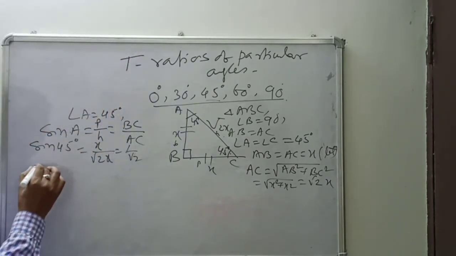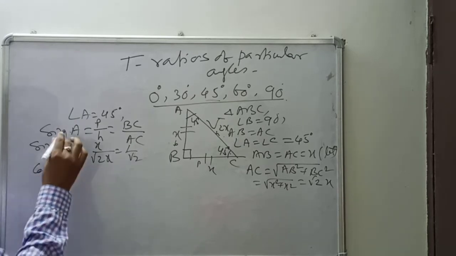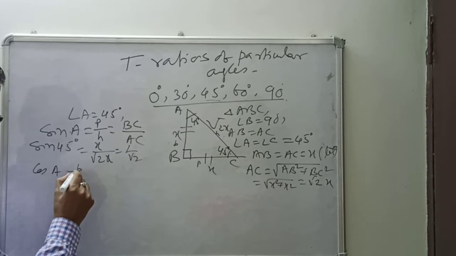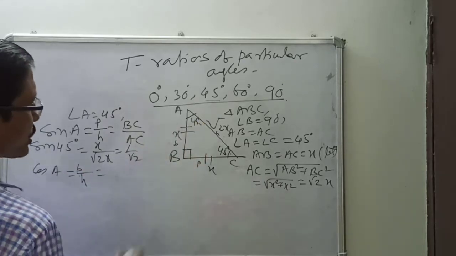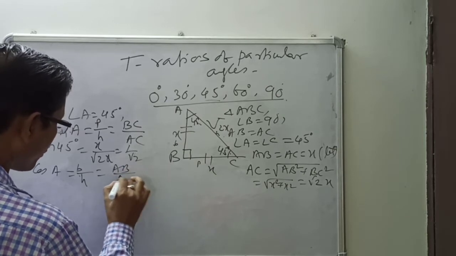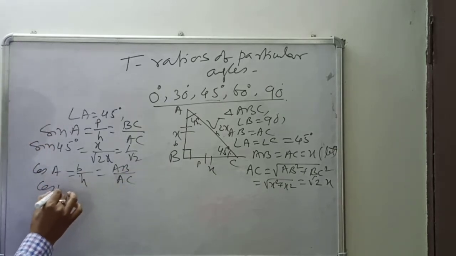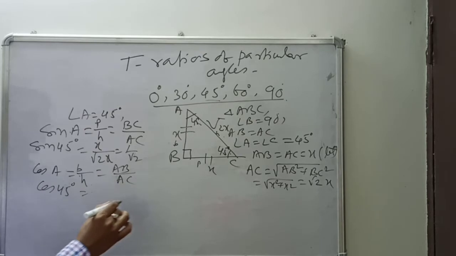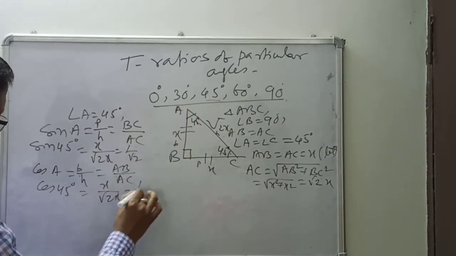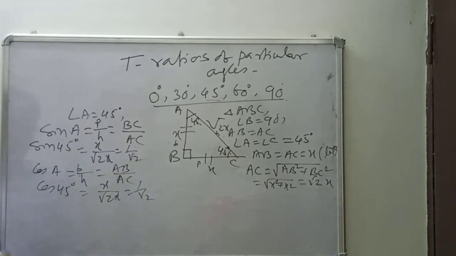Similarly for cos A, that is cos 45 degree, cos means B by H. With respect to this angle A, the base is AB, by the hypotenuse AC. So cos 45 degree equals AB, which is x, by AC, which is root 2 x. It is also coming 1 by root 2.